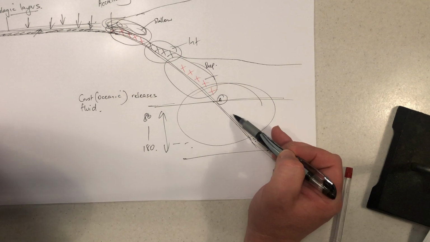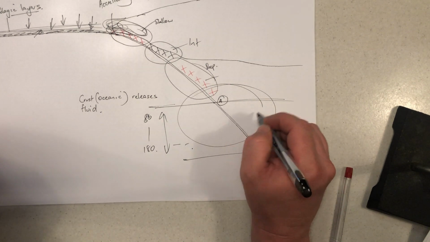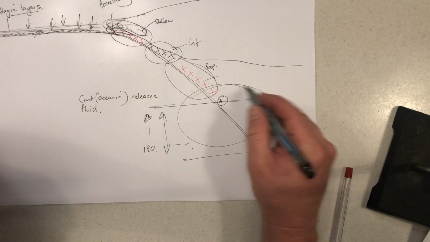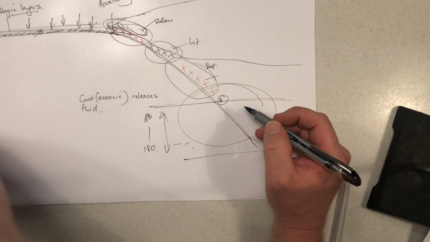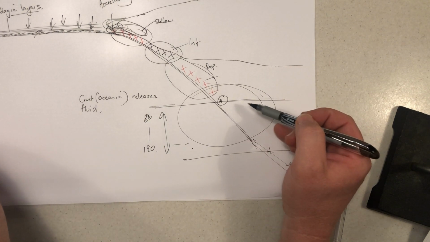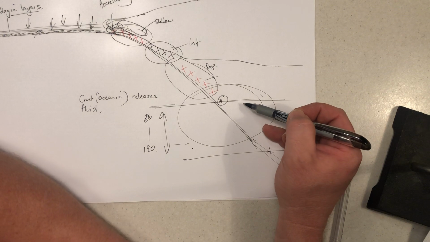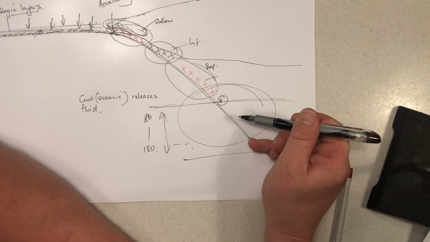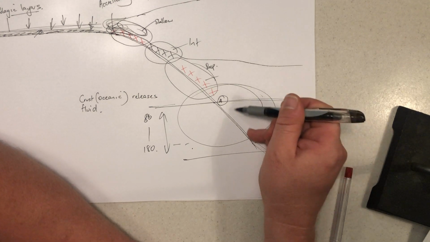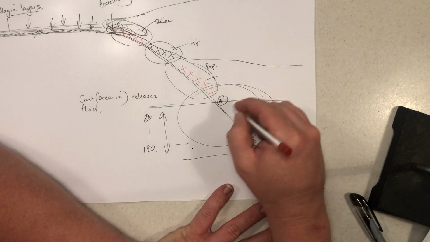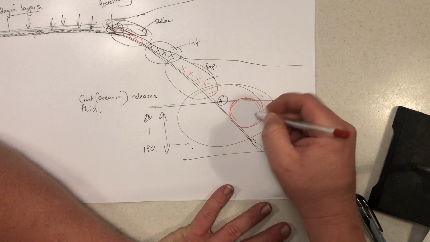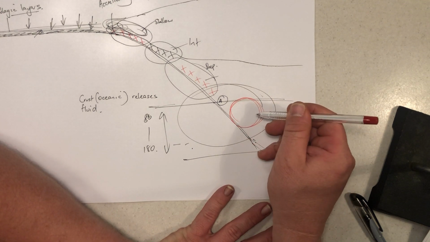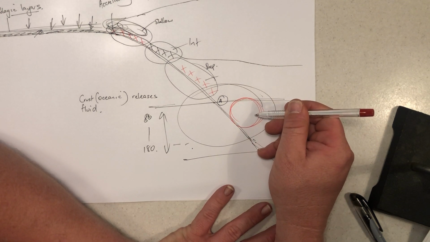So, when we've got water entering the asthenosphere at this point, it does something to the molten rock that's here. It lowers the melting temperature of this rock, and it actually makes this solid rock start to melt.